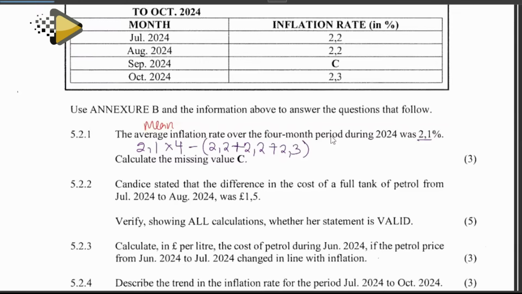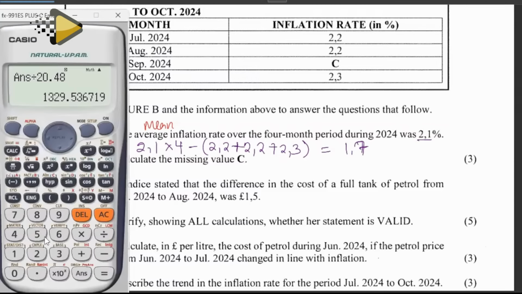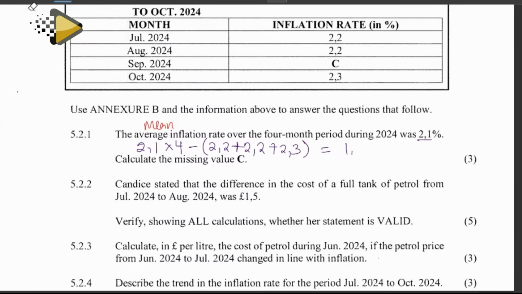So when I do that nicely, I end up with an answer of 1.7. 2.1 times 4 minus, open brackets, 2.2 times 2 plus 2.3, which is 1.7.